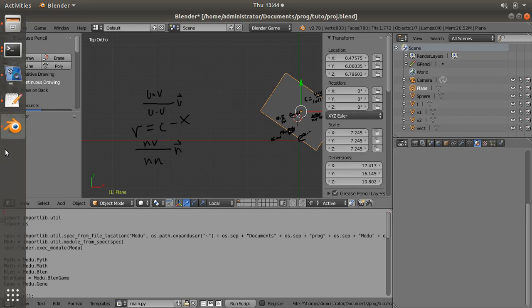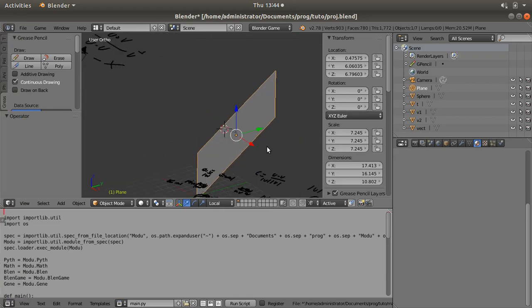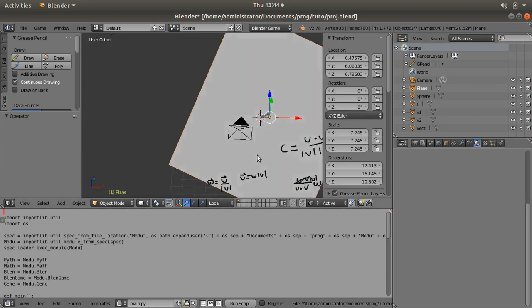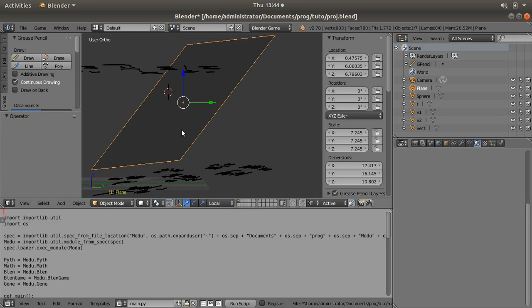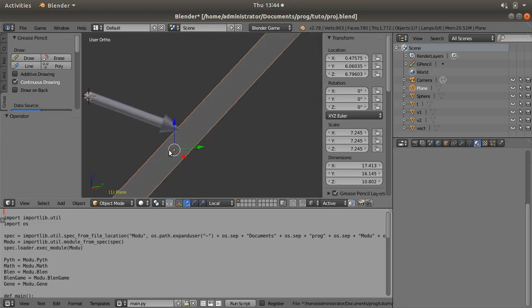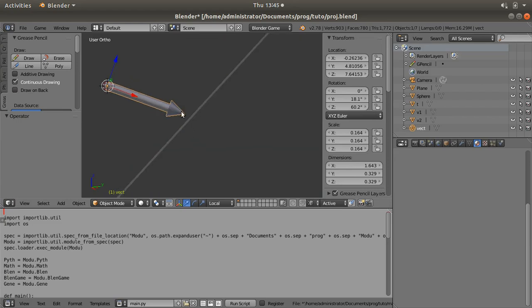So for this intersection problem, we're doing a similar thing, except we're going to use a different point.